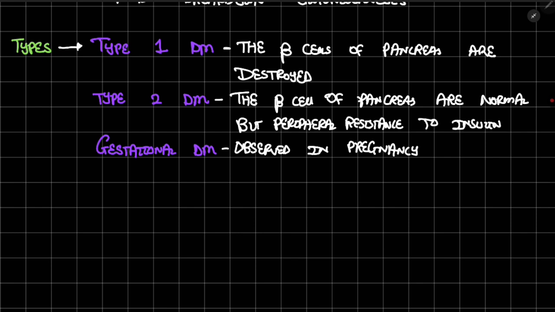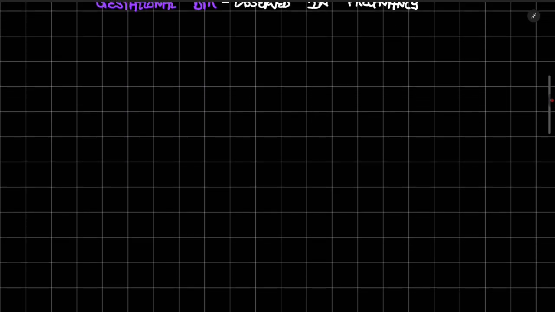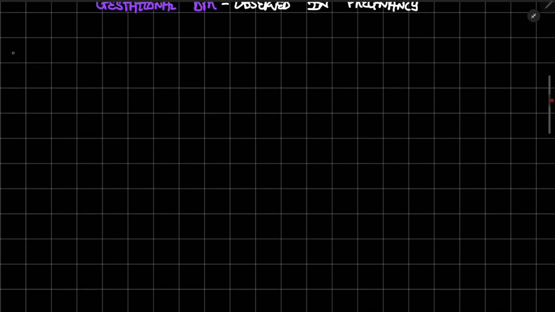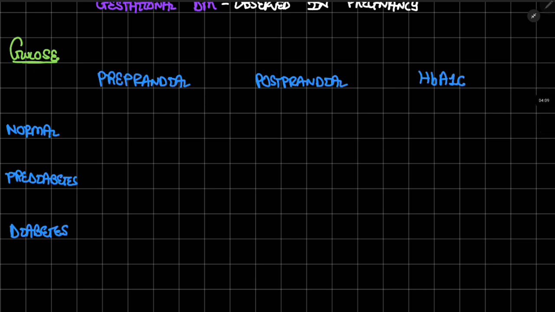Now we are talking about glucose a lot. Diabetes mellitus is characterized by hyperglycemia. So now, seeing the normal levels of glucose, let me just write the headings.